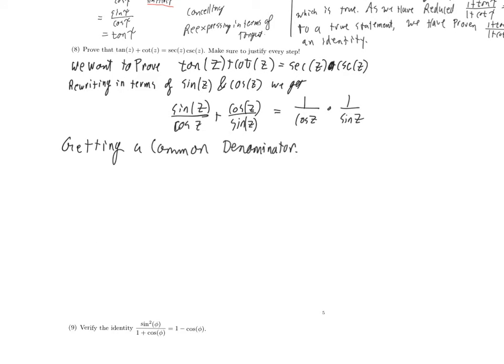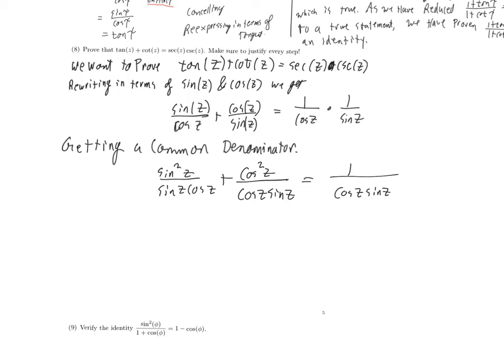And what will that give us? Well, let's see. This first piece we want to multiply and divide by sine of z. So we'll get sine squared z divided by sine z cosine z, plus this one we'll need to multiply by cosine divided by cosine, plus cosine squared z divided by cosine z sine z, equals 1 over cosine z sine z.